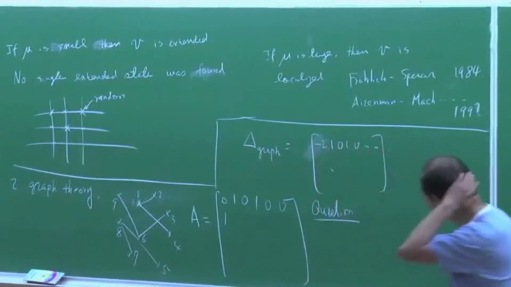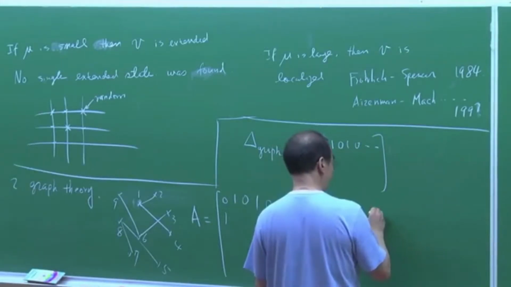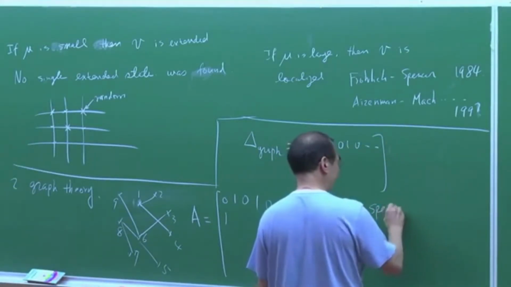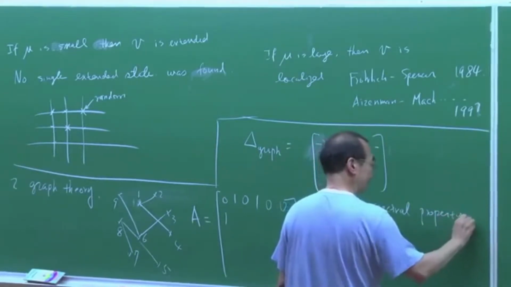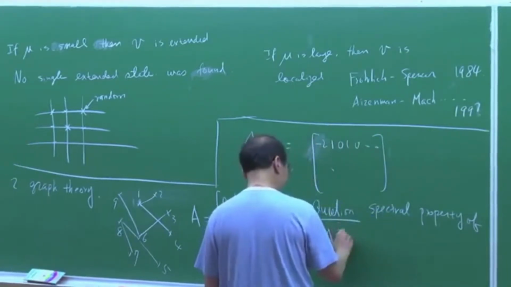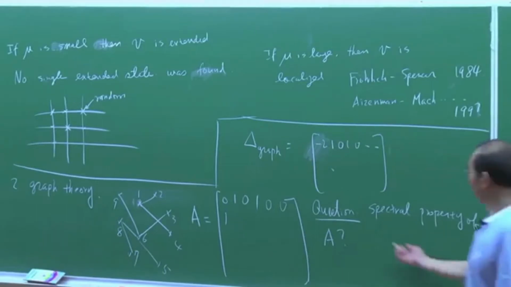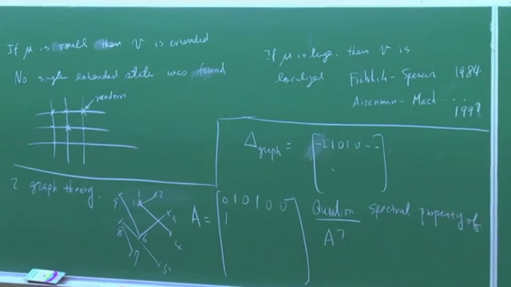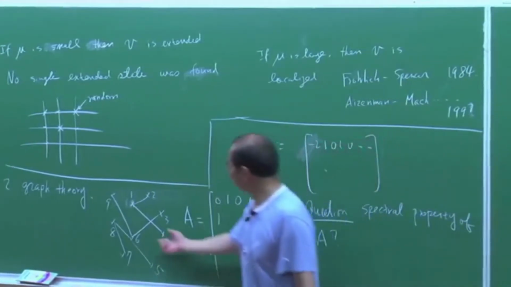Now the question is, again, about the spectral properties of A. This question is far too difficult, because it includes almost every single problem you want to ask about random graphs.